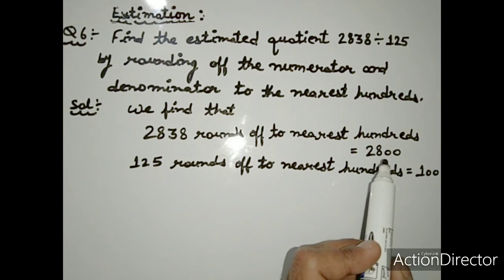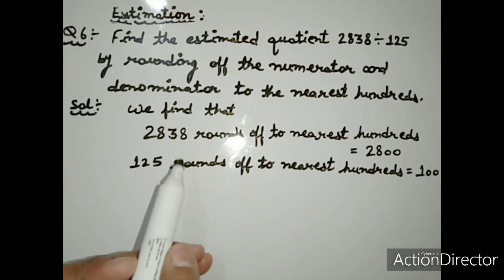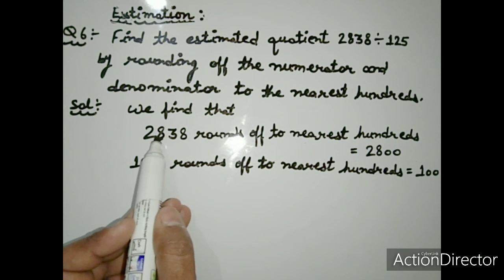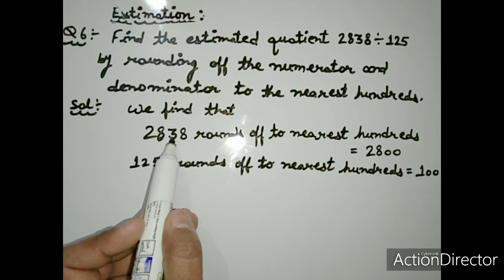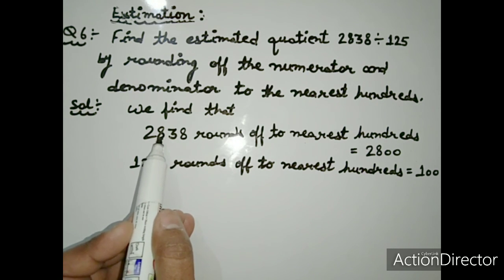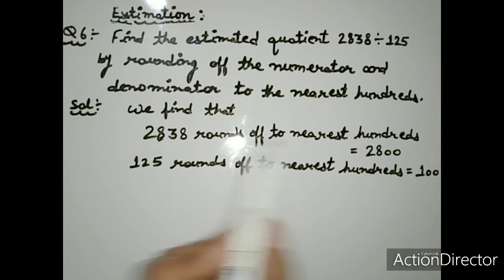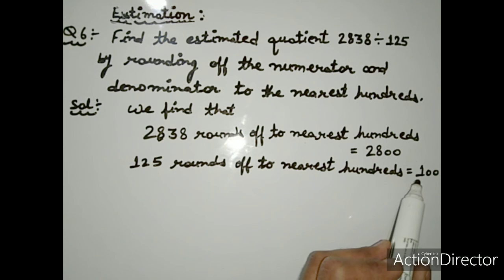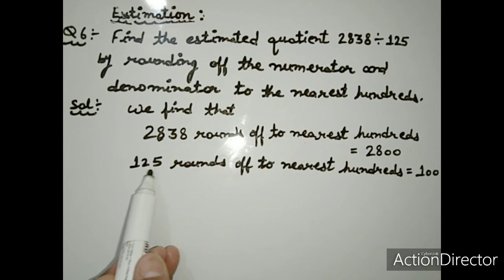So here why do we write 2800 here? Because the digit in the required place is 8 here, and on the right-hand side the digit is 3, which is smaller than 5. So here we write the required place digit same as here, like 2 and 8, and the other two digits are replaced by 0. Now here we take a round off of 125.